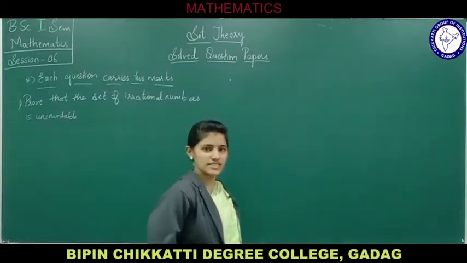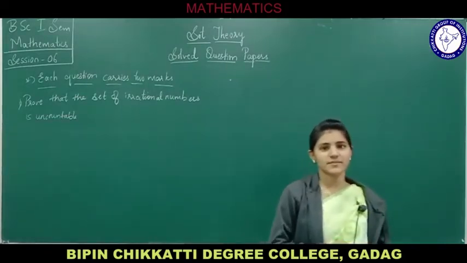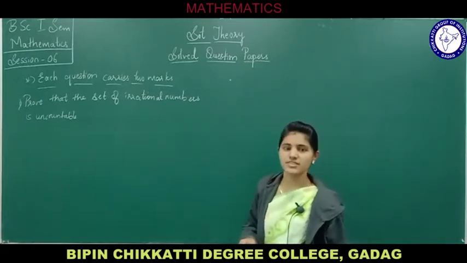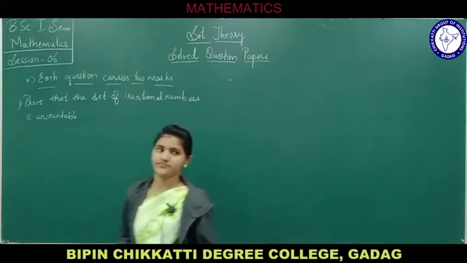To prove it, let us use the proof by contradiction method. Let us assume that the set of irrational numbers is countable.